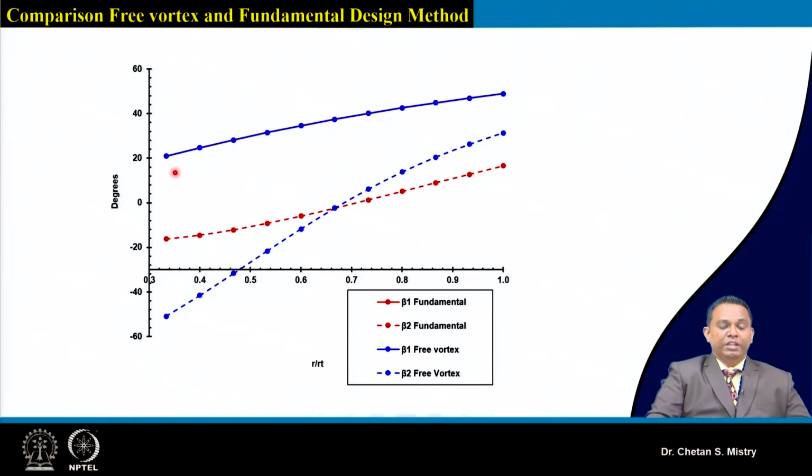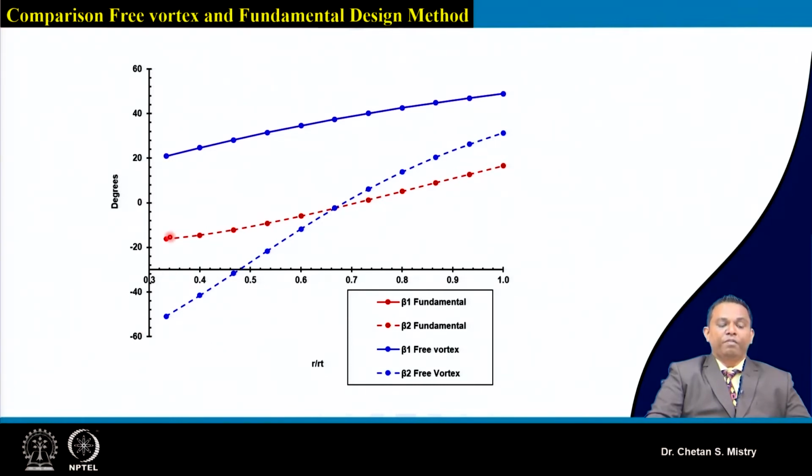Now let's try to compare with our fundamental designs. Here, if we observe carefully, my beta 1 is the same for both design cases, the fundamental approach as well as the free vortex approach. But my beta 2 is coming to be larger for the free vortex concept, so delta beta is coming to be higher.